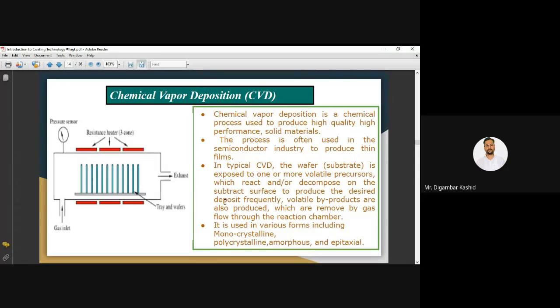Frequently, volatile byproducts are also produced during this process, and these are removed by the gas flow through the reaction chamber.